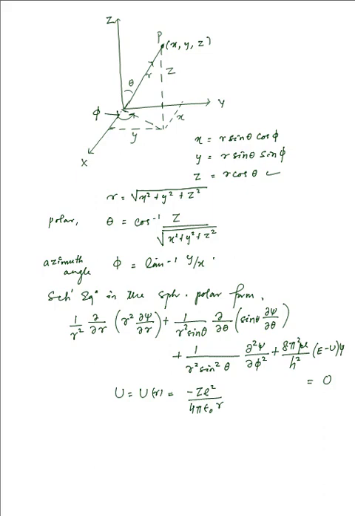Now for the separation of variables, we have psi, which can be represented as a function of r, theta and phi. First up, we take it to be dependent on one of the variables, r, while the other one is dependent on theta and phi. So one is the radial function and the other one is the angular function.